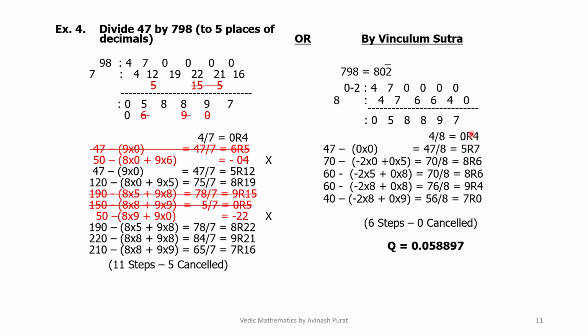Here there are 6 steps and none is cancelled. Now the quotient becomes 0.8897. Whether it is a straight division or by Vinkaram, the result is the same.